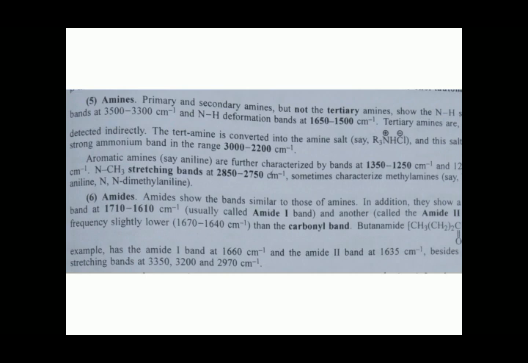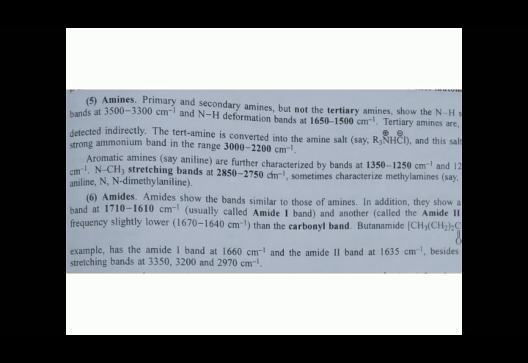The tertiary amine does not show the N-H stretching bands or the N-H deformation bands. However, tertiary amines are detected indirectly. That means it is converted into the amine salt, and this salt shows a strong ammonium band in the range 3000 to 2200 cm inverse.